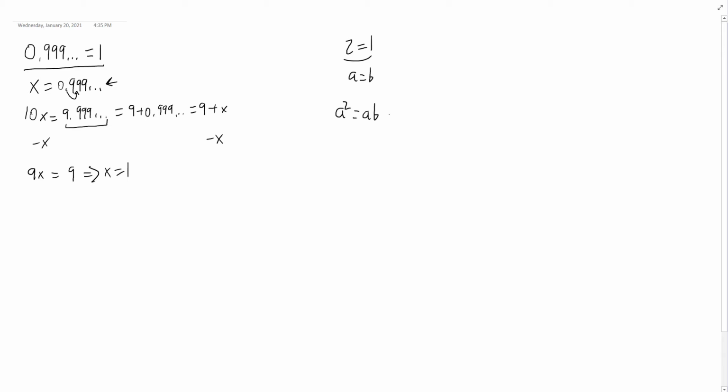Okay, no problem. Next step is I'm going to add a squared to both sides. So a squared plus a squared is 2a squared. And the right-hand side becomes a squared plus ab.